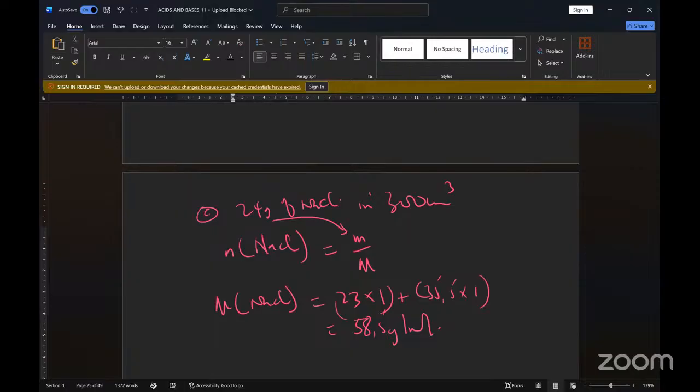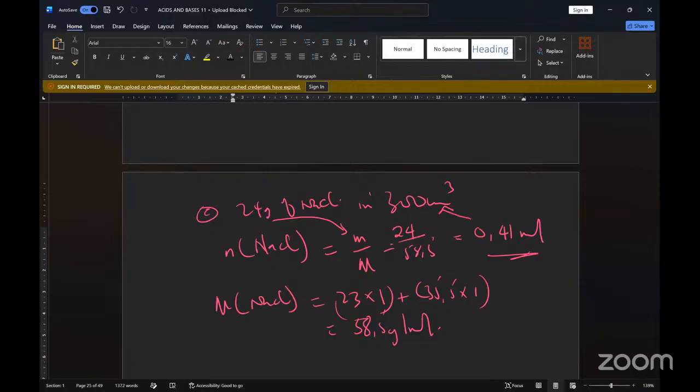So here you have 24 over 58.5, and 24 divided by 58.5 gives you 0.41 mole.